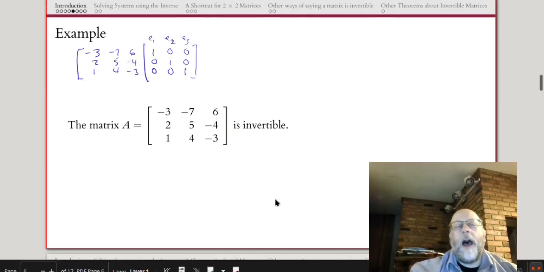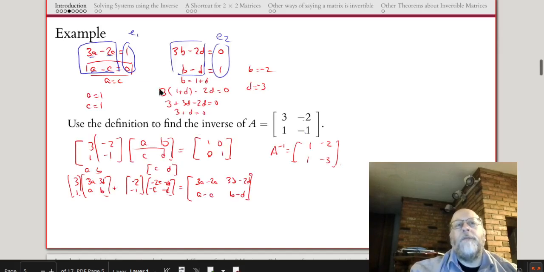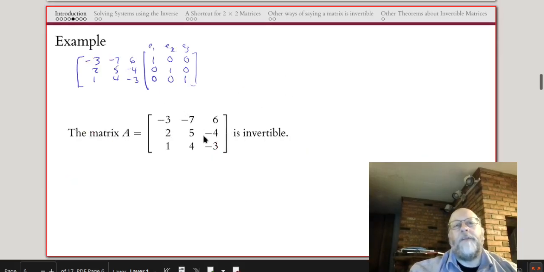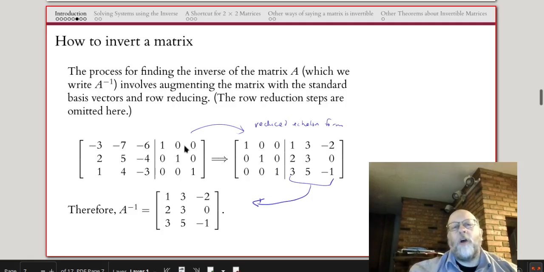I'm skipping the work here, but the idea is that we can invert this matrix by observing that we have systems of equations for all of the standard basis vectors that have the same left-hand side. And so if we work on all three systems at the same time, then we can solve them all together and get one inverse matrix for our answer.